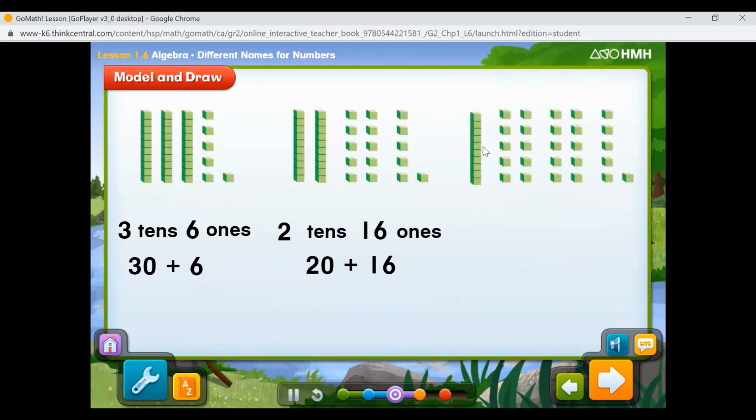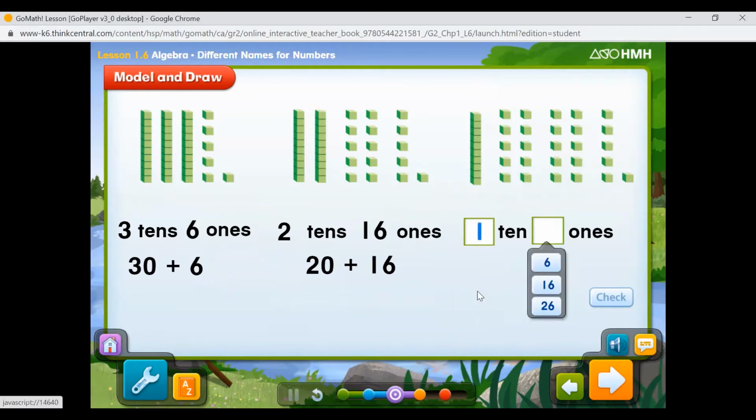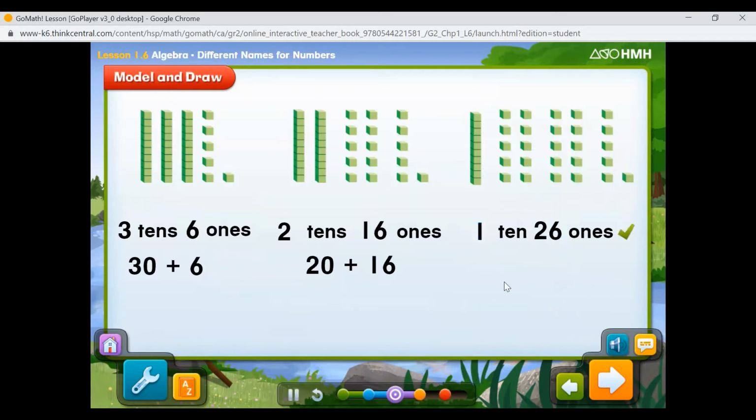This is another way to show 36. One of the tens blocks was traded for 10 ones. How many tens and ones are in this model of 36? Great job! The model shows 1 ten and 26 ones. How would 1 ten and 26 ones be written using addition?